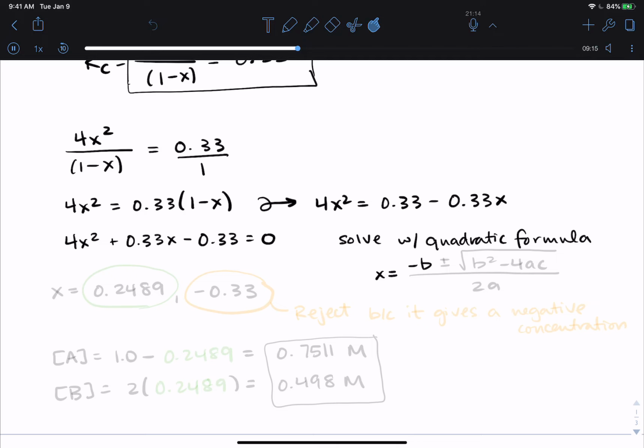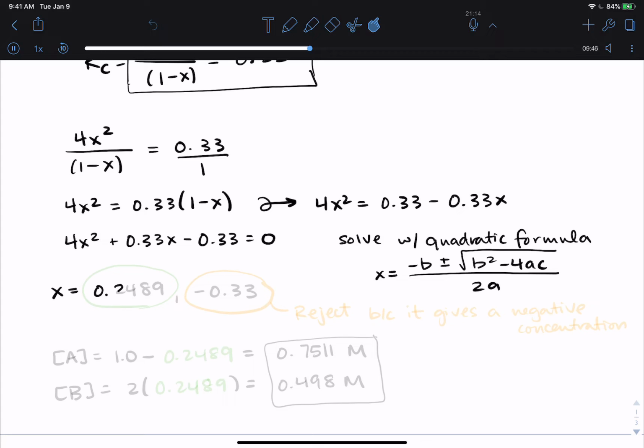But remember, it's minus b plus or minus the square root of b squared minus 4ac all over 2a. And that plus or minus bit, right? This is this quadratic formula, the x squared, means that you get 2 answers out of it. So that is going to cause us a bit of an issue.